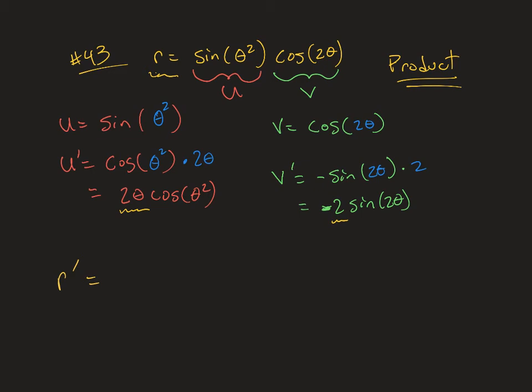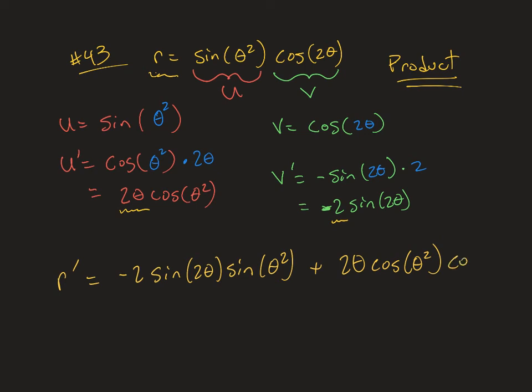Let's just rewrite this as negative 2 sine of 2 theta times sine of theta squared, plus 2 theta times cosine of theta squared times cosine 2 theta, right? Because that's v.